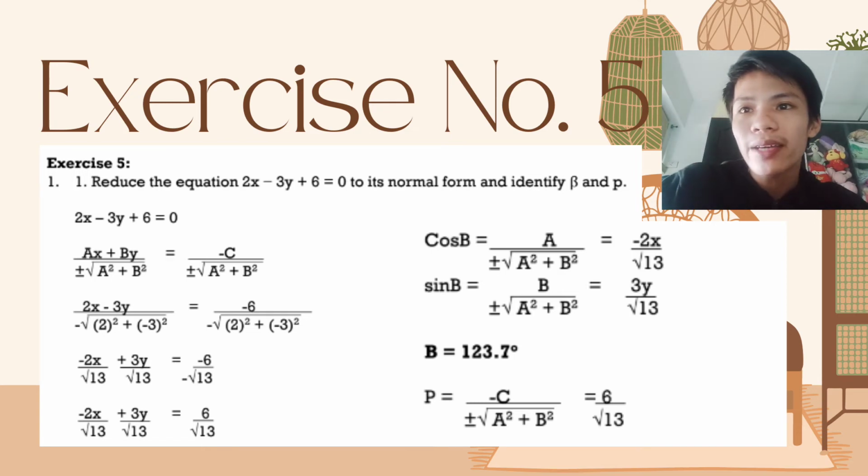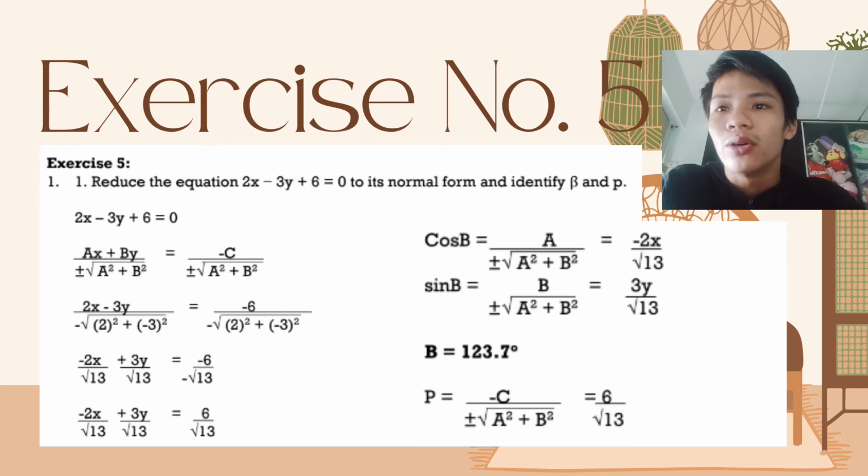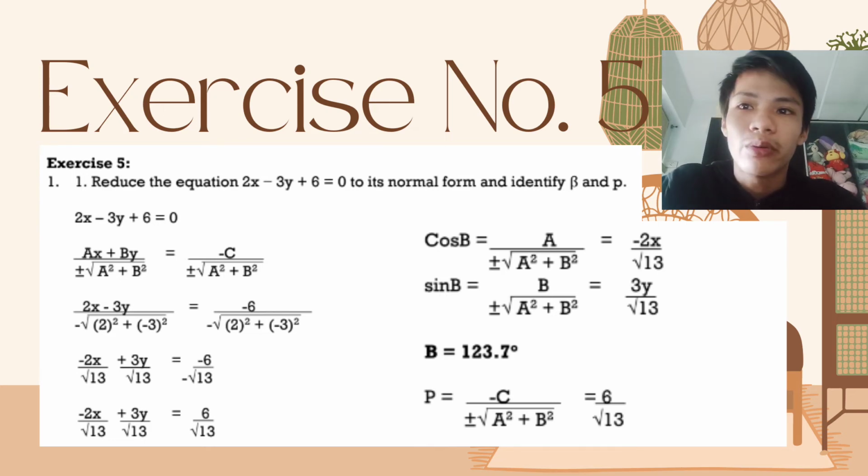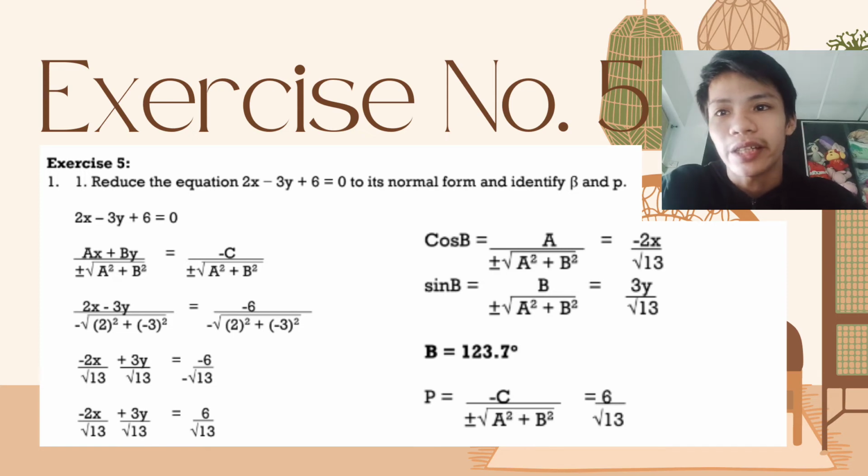So, (2x − 3y) over negative square root of the quantity 2 squared plus (−3) squared equals negative 6 over negative square root of 2 squared plus (−3) squared. So, (−2x + 3y) over square root of 13 is equal to negative 6 over negative square root of 13.